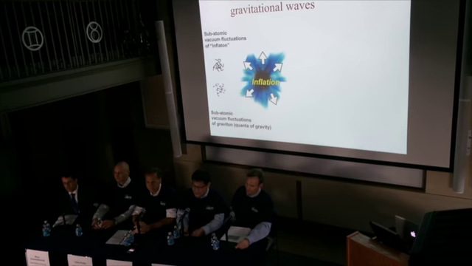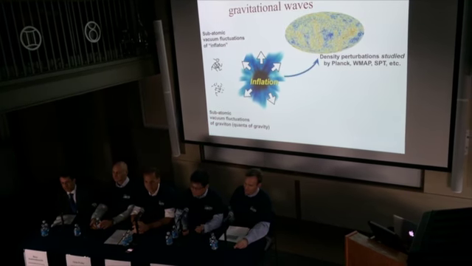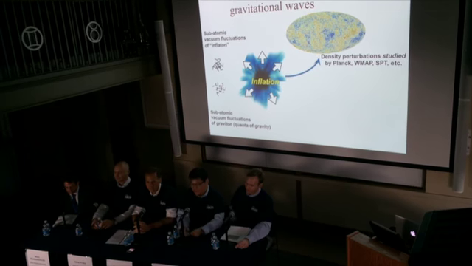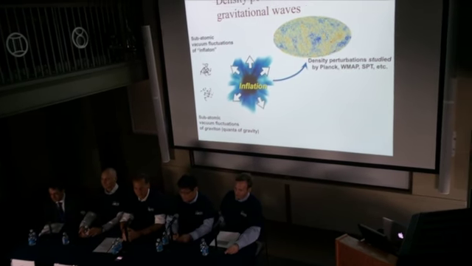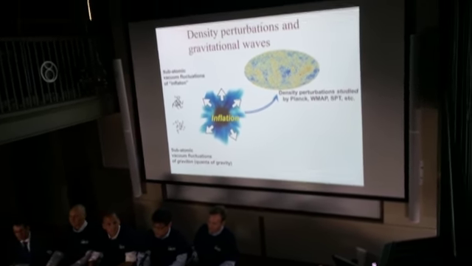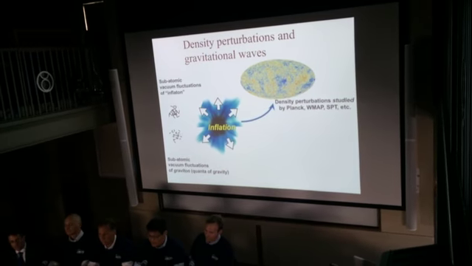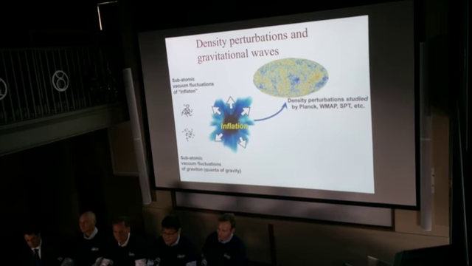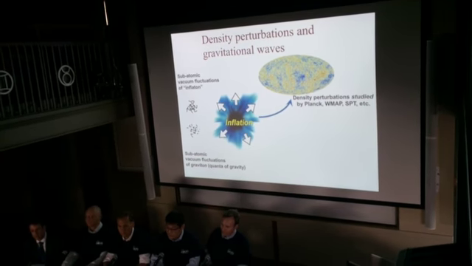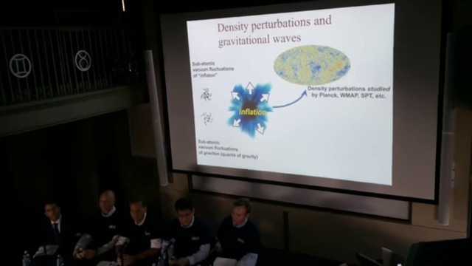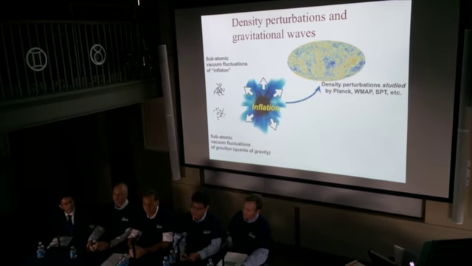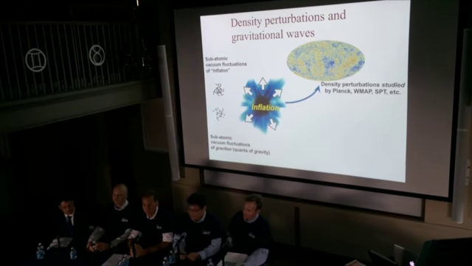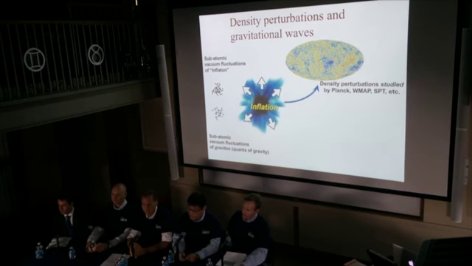And the rapid expansion of inflation pretty much just amplified, or stretched, that initial zero-point fluctuation into density fluctuations studied by Planck, WMAP, SPT, ACT, and many other experiments. And those are the seeds for structure formation. Under gravitational instability, it creates galaxies, clusters, and so on. So it's a very important part.